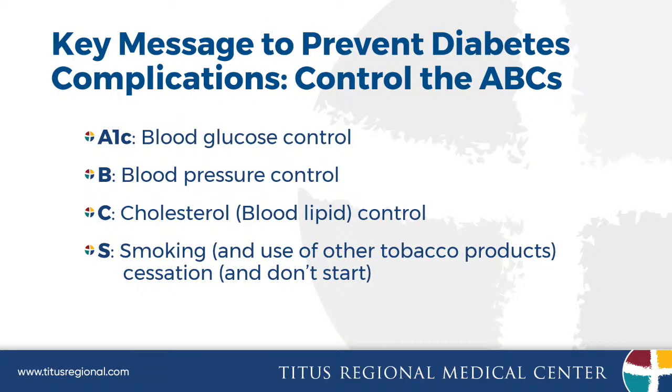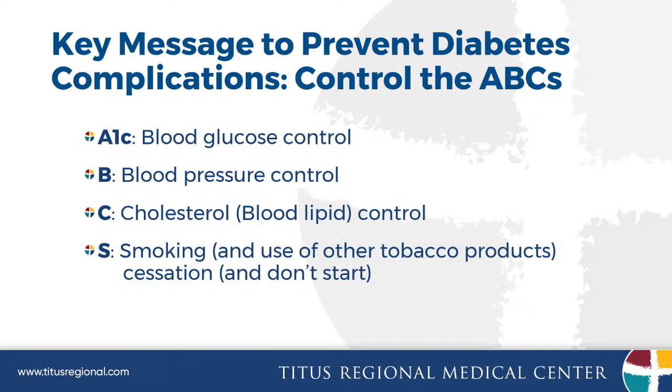So a very key message in diabetes control is to prevent diabetes complications. We really do need to manage the ABCs. That's the A1C, the blood pressure, the cholesterol, and we should try to prevent or stop smoking. The A1C is the 3-month blood sugar average, and the current recommendations are that you keep your A1C less than 7%.